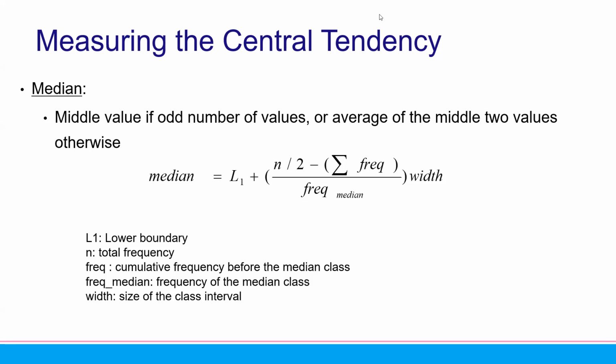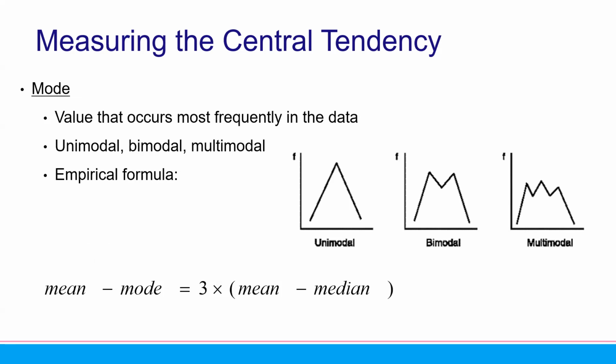So we can also see from another perspective of the central tendency. We can see from the mode. What is mode? It is the value that occurs most frequently in the data. They can be unimodal, bimodal, or multimodal.